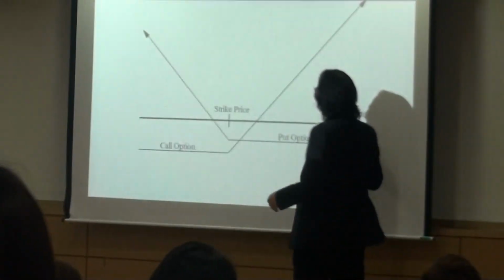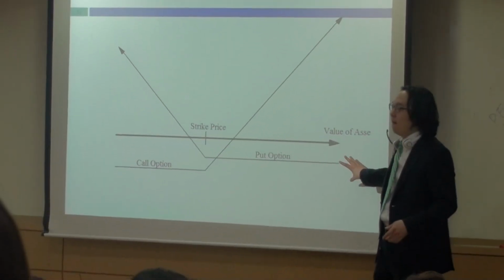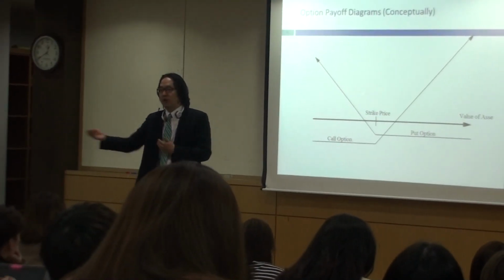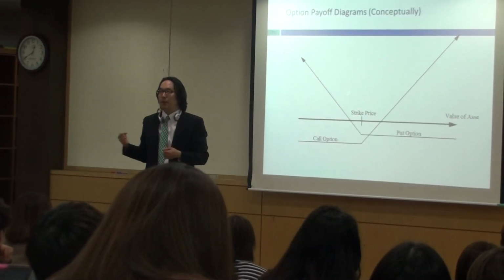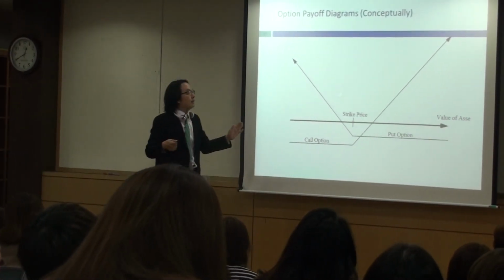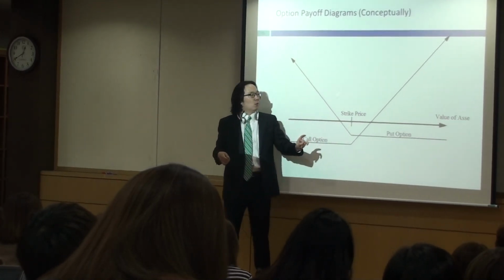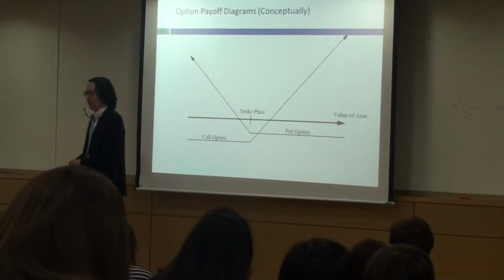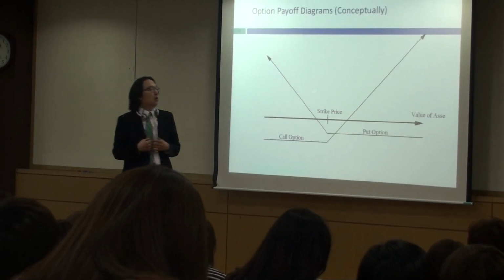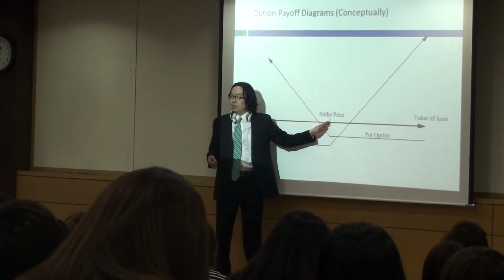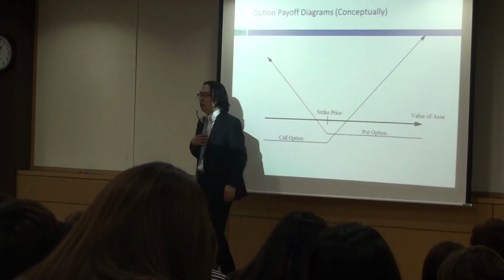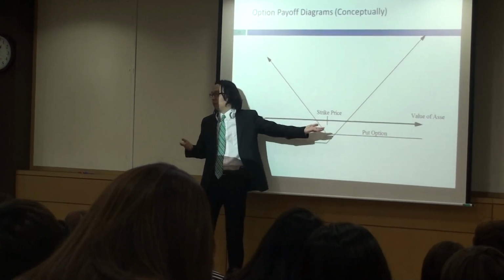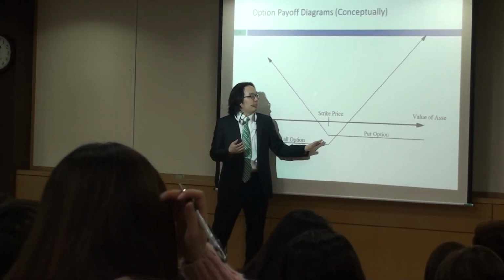If there is any underlying asset, and you make a promise with the other guy, the contract counterparty, me and you make a contract, and then at a certain future date or period, if the underlying asset, for example Apple stock, goes above, let's say, $100 per share, I have the right to buy it at $100 per share, and then you have to give it to me. So I am buying a call option.